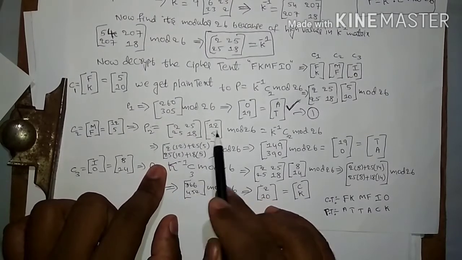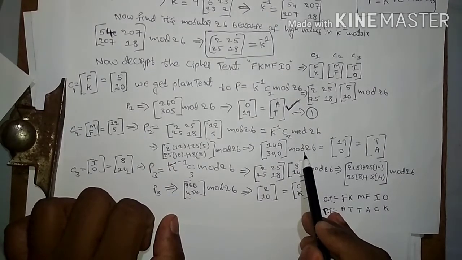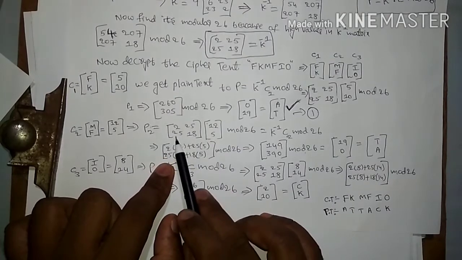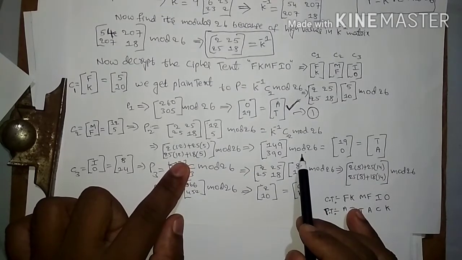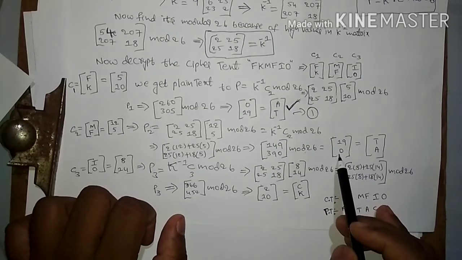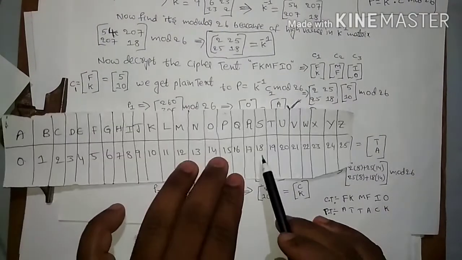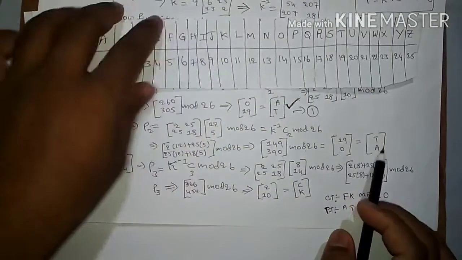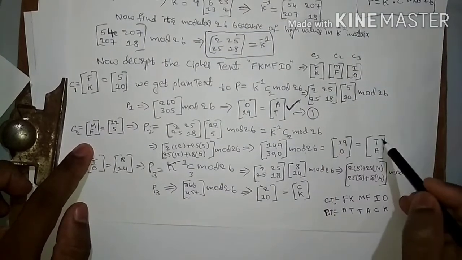After multiplying these two matrices, 2 into 12 plus 25 into 5, next 25 into 12 plus 18 into 5, we are getting 149, 390 mod 26. After applying mod 26, we are getting 19 comma 0. According to this table, 19 is T and 0 is A. So this is T comma A. For ciphertext MF, we are getting TA.